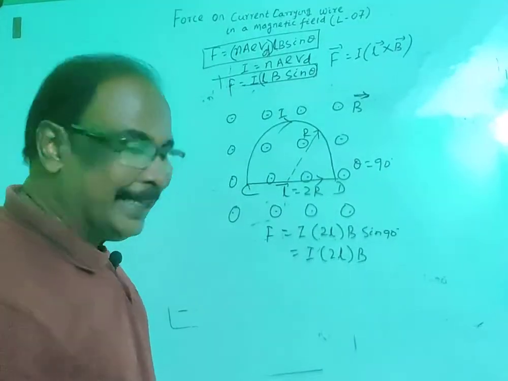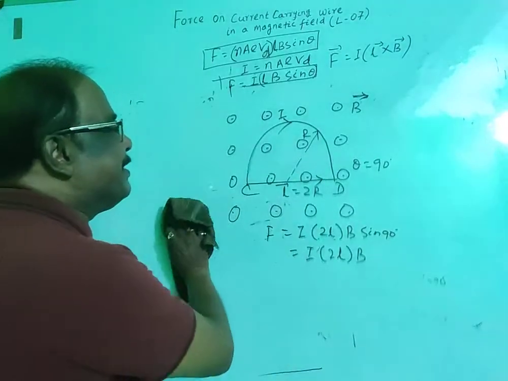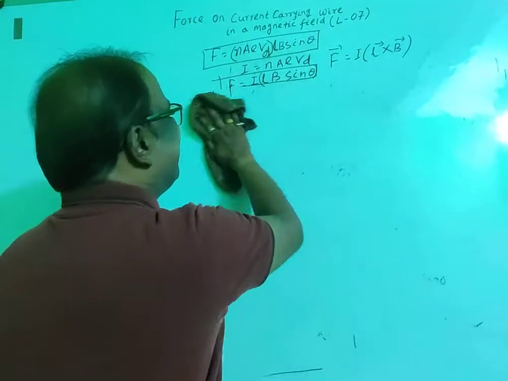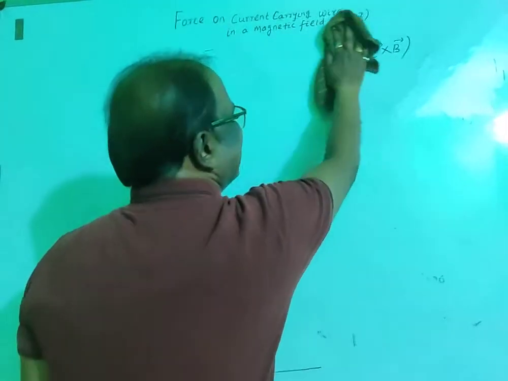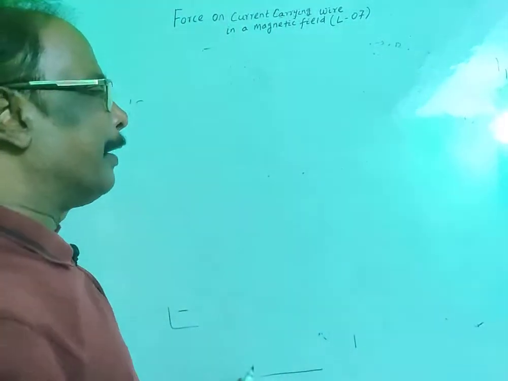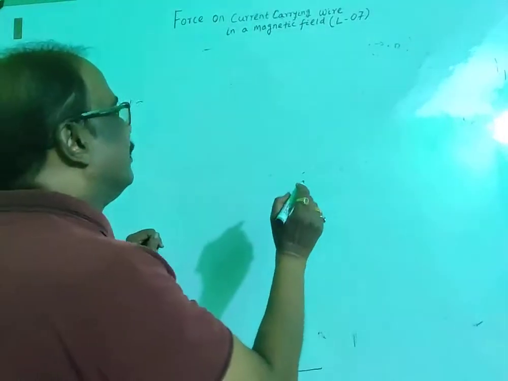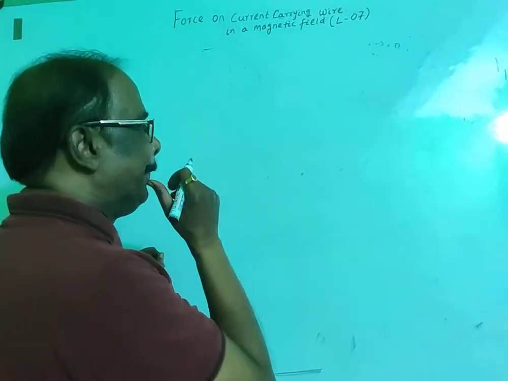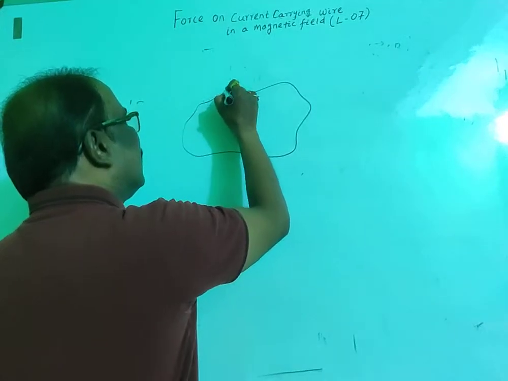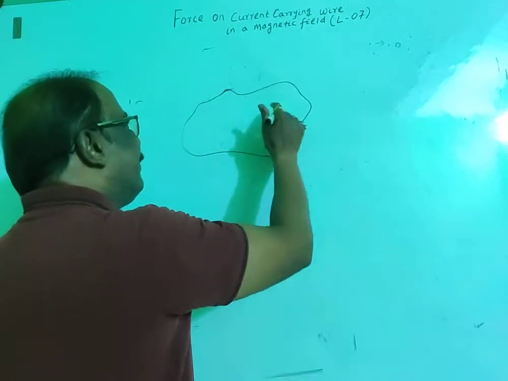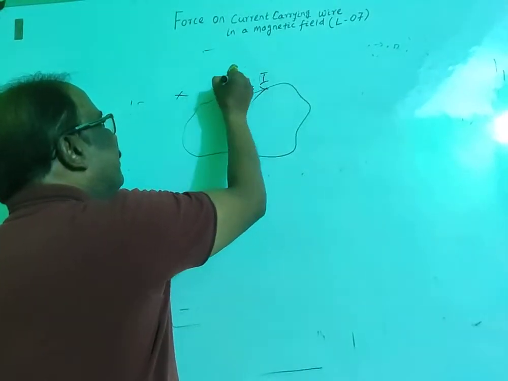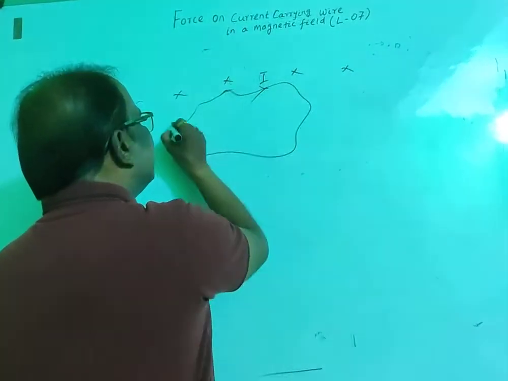So these are some illustrations of how to determine the force. Now, some fundamental numericals. Suppose this is a current carrying wire, a closed loop, current flowing is I, placed in a magnetic field.